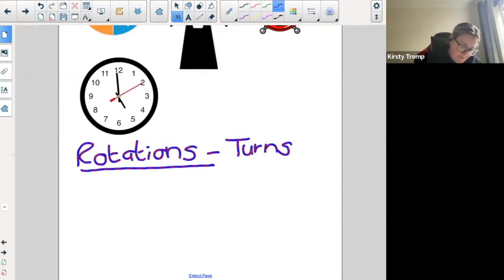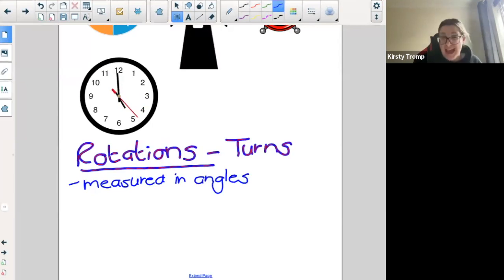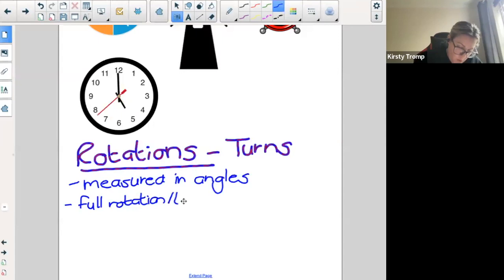We're going to say that they are measured in angles. A full rotation or turn is 360 degrees. So a full rotation or a full turn is 360 degrees.